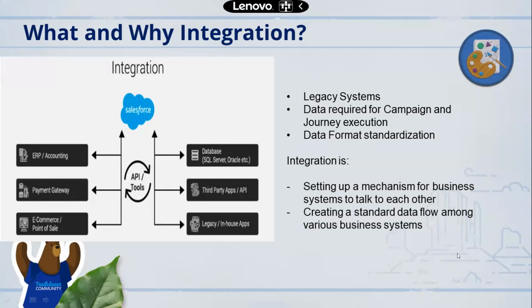Therefore, integration is important, and during integration it is very important to set up a mechanism so that business systems talk to each other, as well as creating an overall data flow in a standardized format, so that Marketing Cloud gets the data from the various business systems in one particular format, which can then be used for campaigns, for journeys, and so on and so forth.